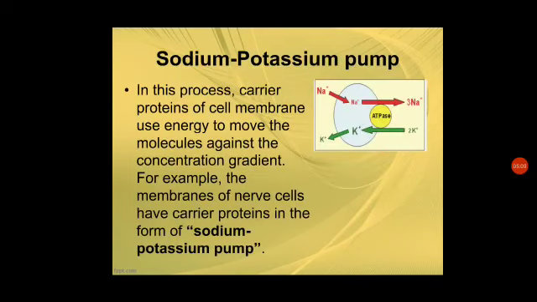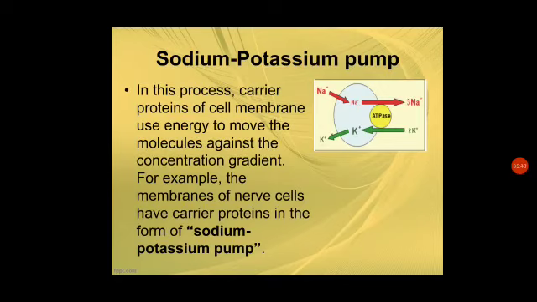One of the examples of active transport is the sodium potassium pump. In this process, the carrier proteins of the cell membrane use energy to move molecules against the concentration gradient. For example, the membranes of nerve cells have carrier proteins in the form of the sodium potassium pump. As the name indicates, it is for the transport of sodium ions and potassium ions.